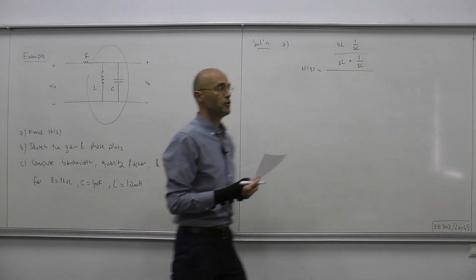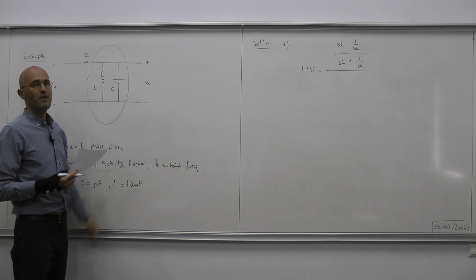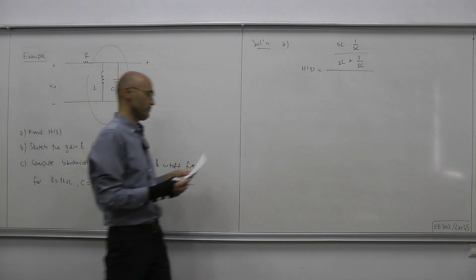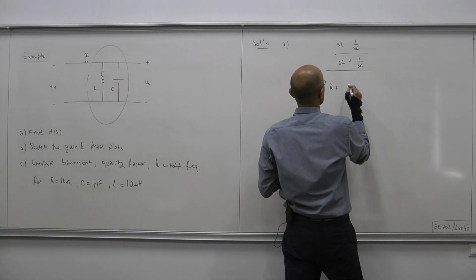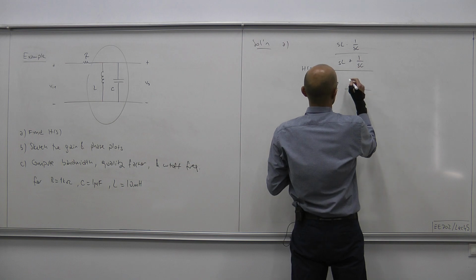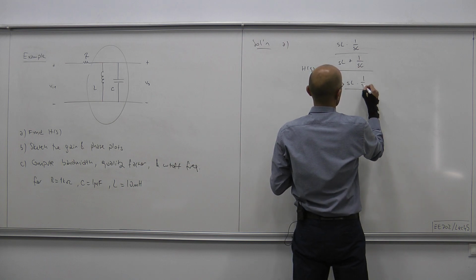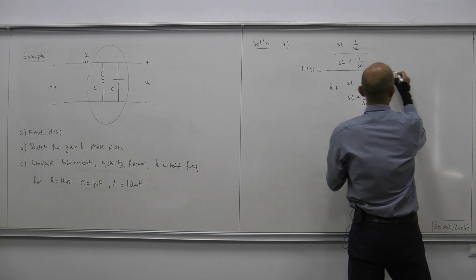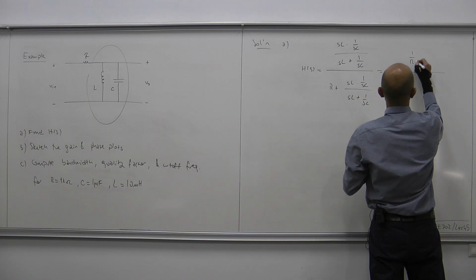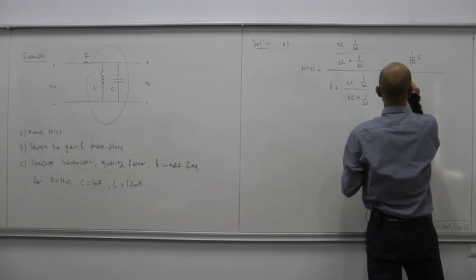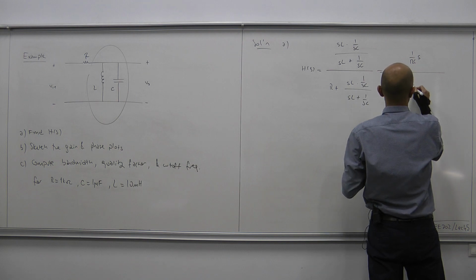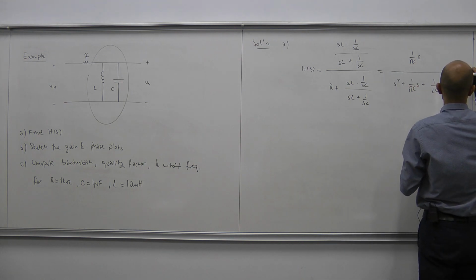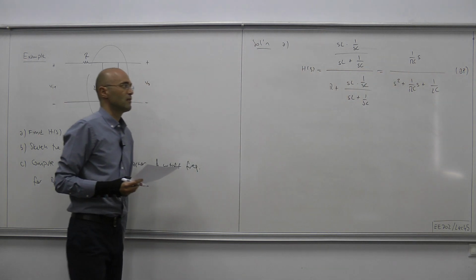That term in the numerator is the parallel connection of this L and C in the s domain, divided by R plus Z. And that simplified produces 1 over RC s in the numerator, and the denominator reads s squared plus 1 over RC s plus 1 over LC. Therefore this is clearly a bandpass filter.